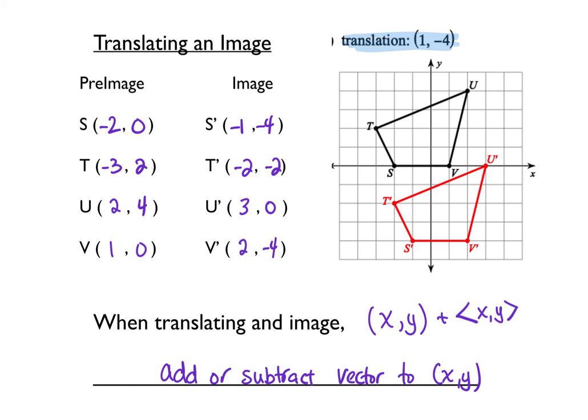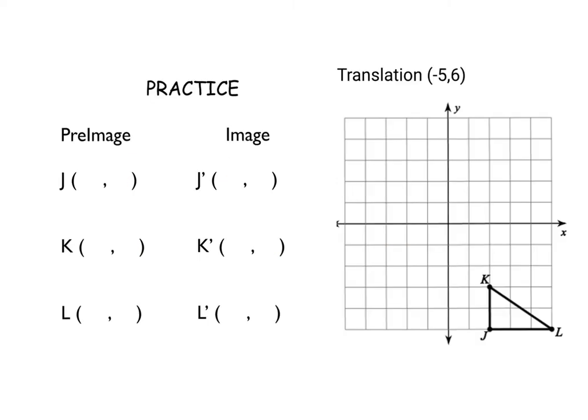So let's look at the example at the bottom of that page. We have JKL. My J is 2, -5. My K is 2, -3. And my L is 5, -5. All right? They want the translation of -5, 6.